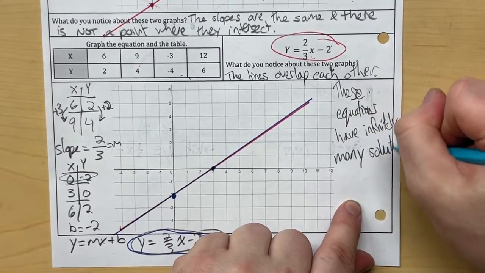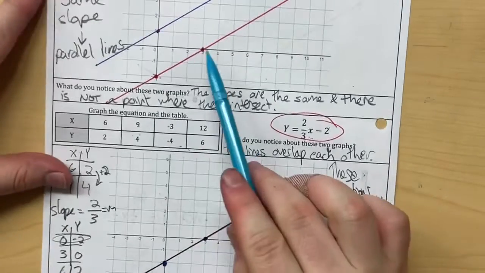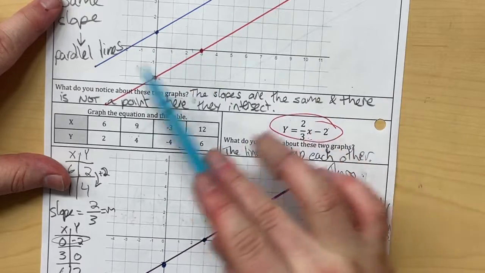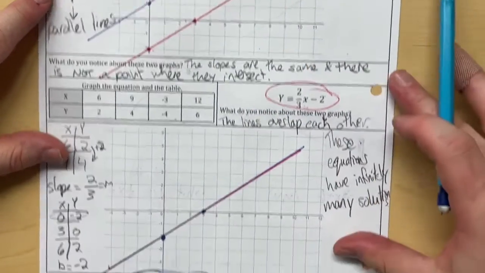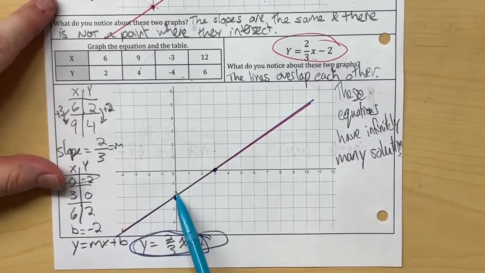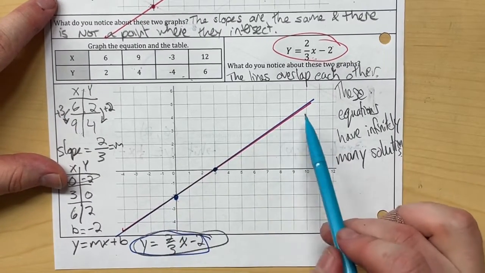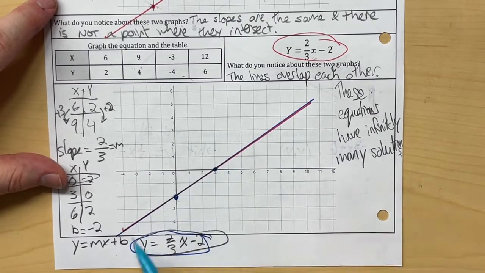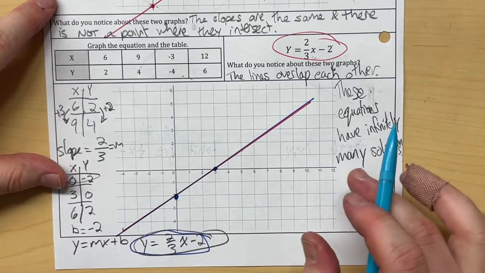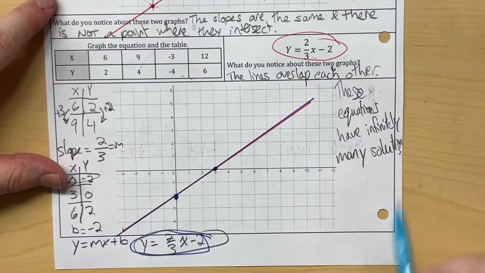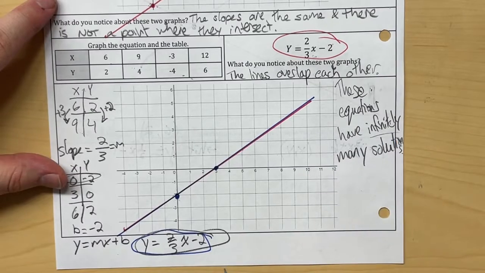And the reason why that works is a similar idea. We said up here there's no point where they intersect, so that means there's no solution. However, for this set of equations, they're always the same line, so that means that whatever value we choose is going to work out for both equations, and so that's how we get infinitely many solutions.